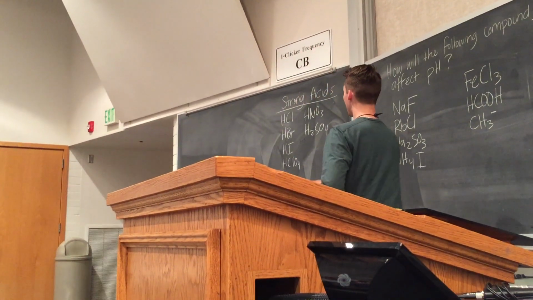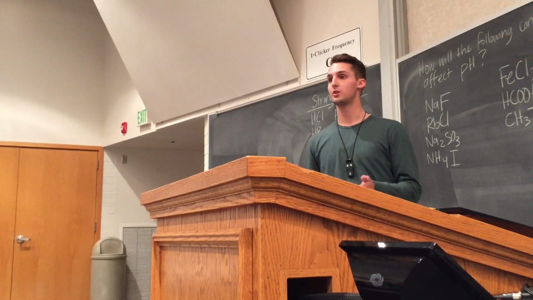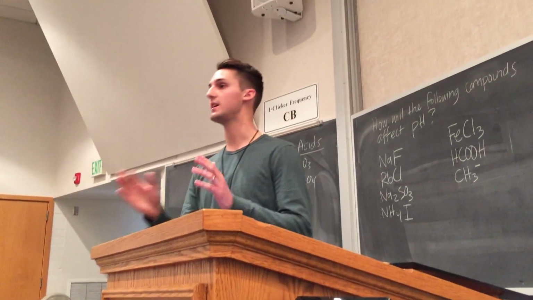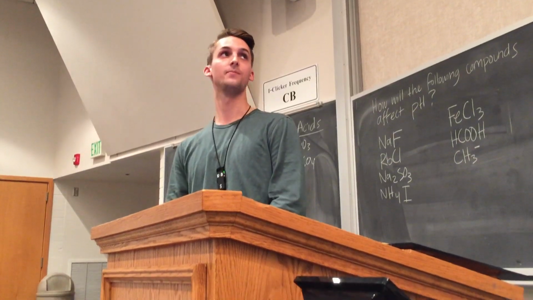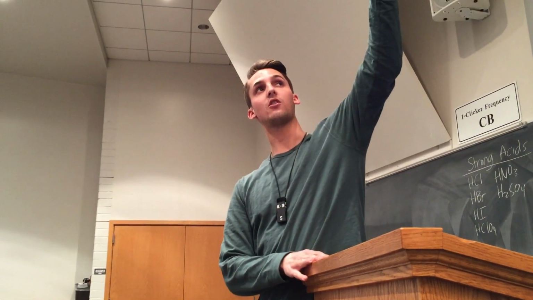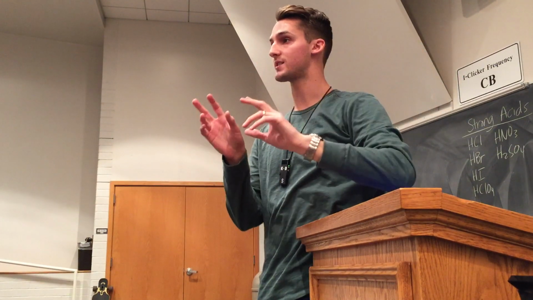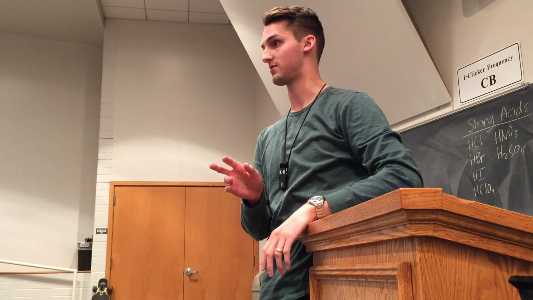Okay? So I wrote up what the strong acids are. Now there's a trend with the periodic table that makes it really easy to see what the strong bases are. If you look in group 1, column 1, the alkali metals, all of those metals, if they're paired with a hydroxide ion, are strong bases.